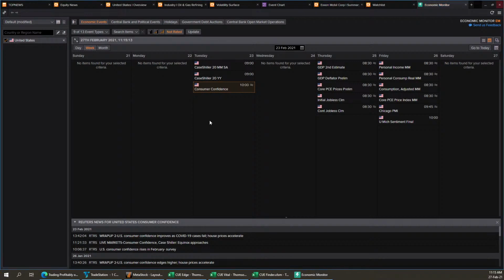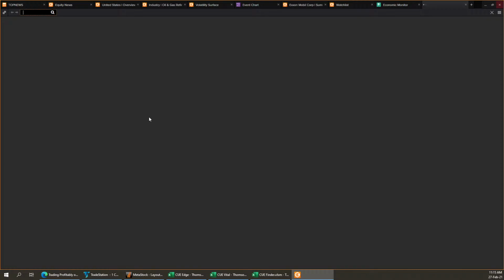Instead, I first try to establish based on historical analysis whether positive Case-Shiller data, for example, led to housing stocks going up or not. That is, whether the Case-Shiller index is positively correlated to housing stocks or inversely correlated. And there is a way to find it out in Zenith. When you see all these indicators, you may click on one of them. So let's look at Case-Shiller.